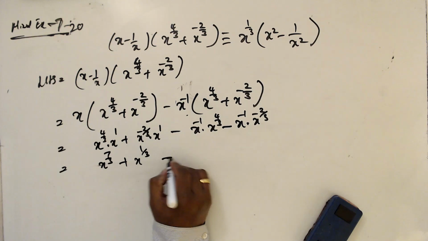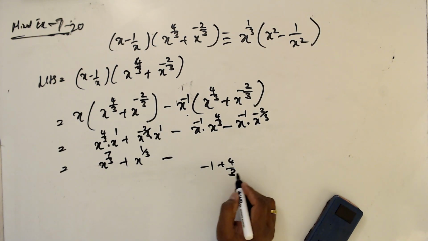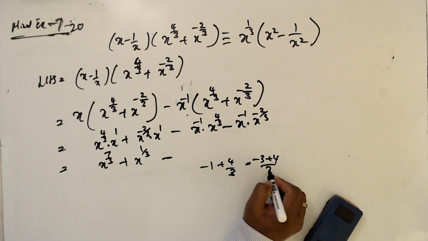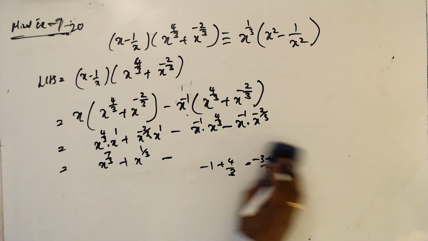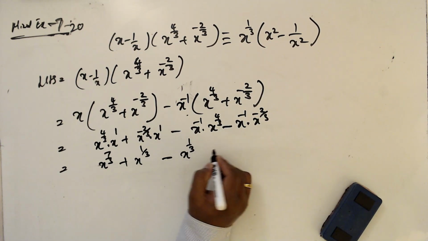Then this is going to be x to the minus 1 plus 4 over 3, which is minus 3 plus 4 over 3, 1 over 3. So this is going to be minus x to the 1 over 3.